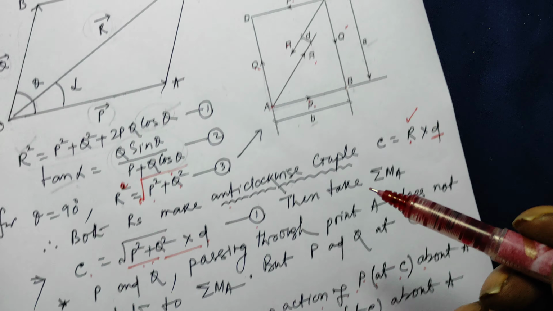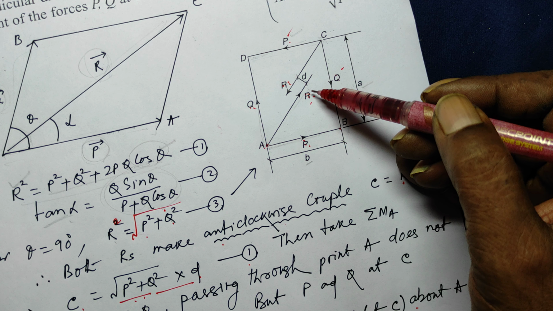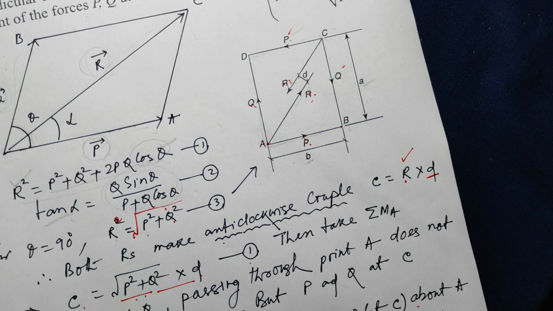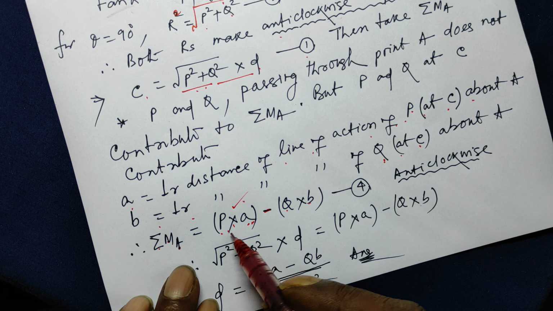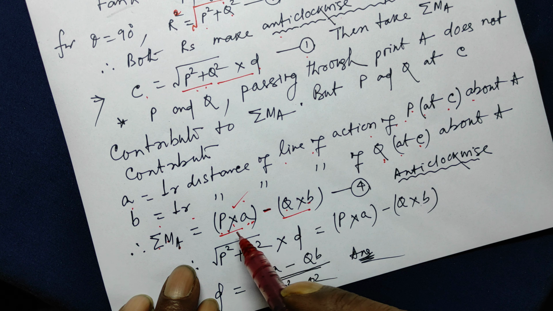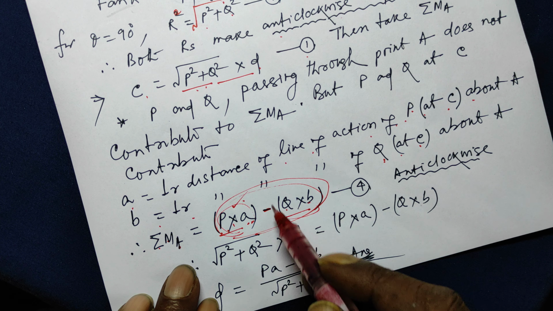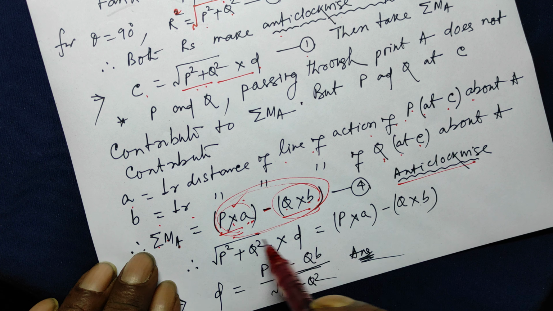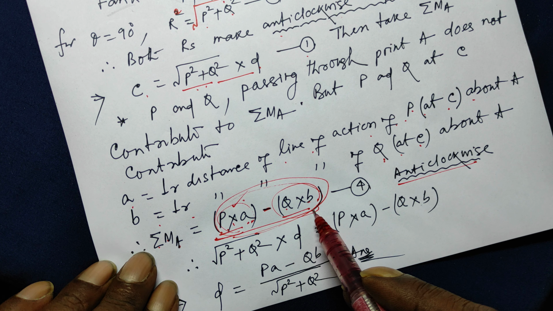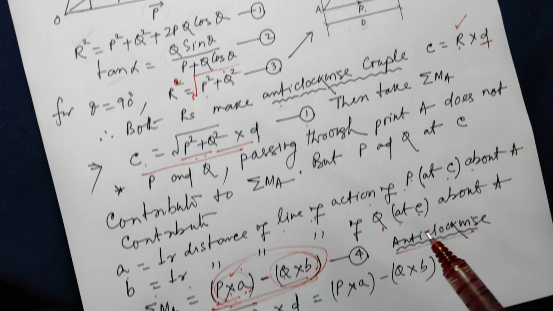Since these two resultants having a perpendicular distance D produce an anticlockwise couple, if this is greater than this, then the combined effect of this and this will be anticlockwise. That is what I have written here. So this anticlockwise moment will be equal to this anticlockwise couple. So I make them equal.